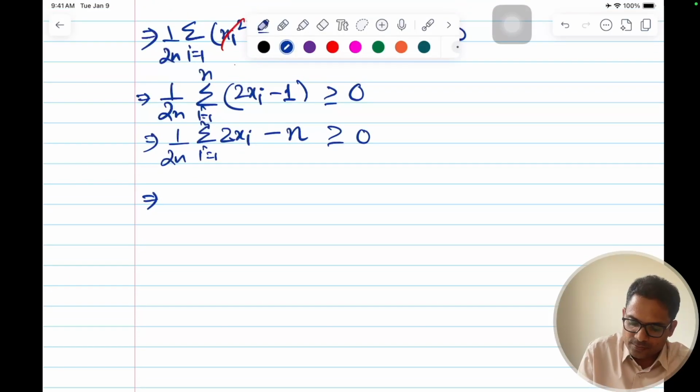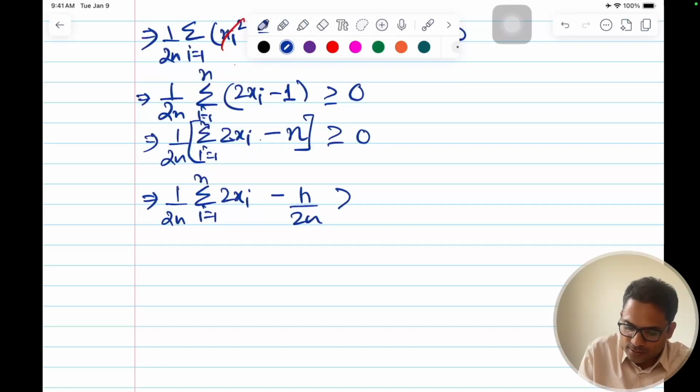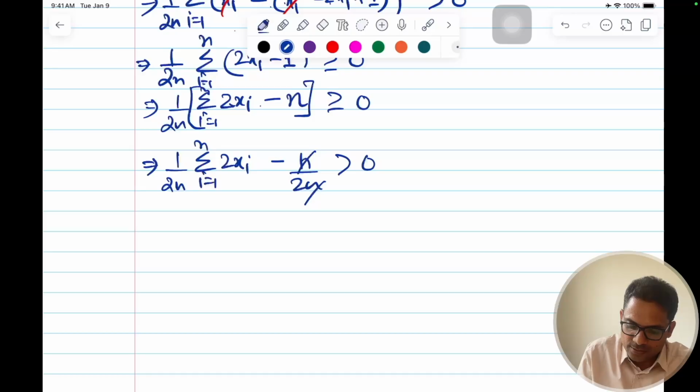And this implies what will be the value. Here 1 by 2n and this n, so this will go out. This bracket will hold, so sigma i equal to 1 to n of 2xi, 1 by 2n minus n by 2n is greater than 0. This n and n cancel out.